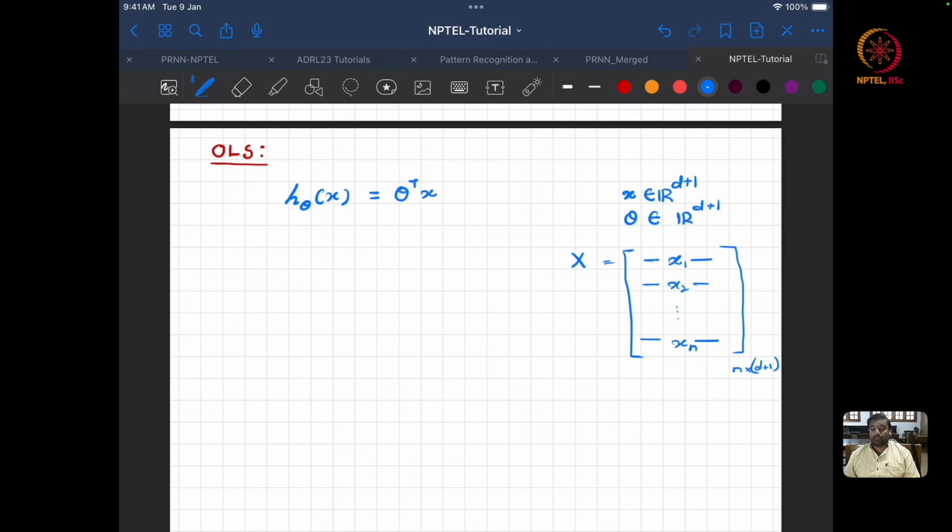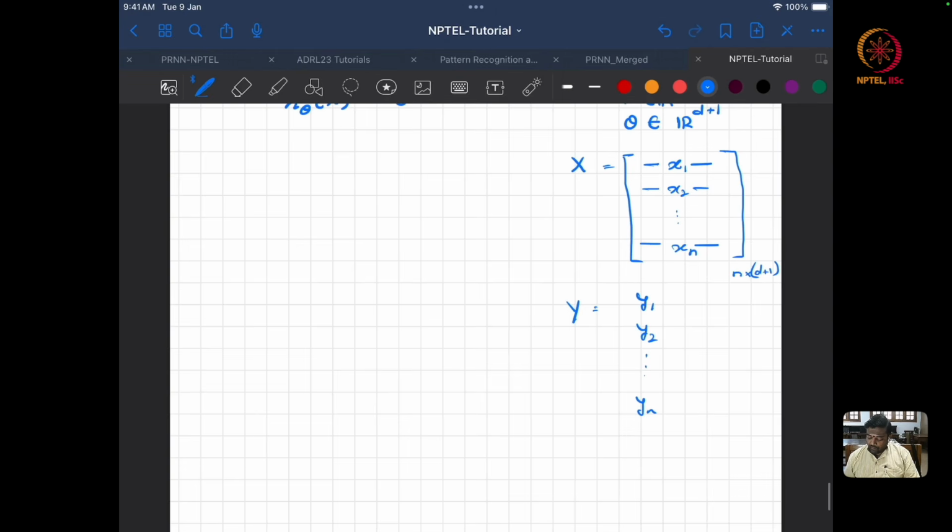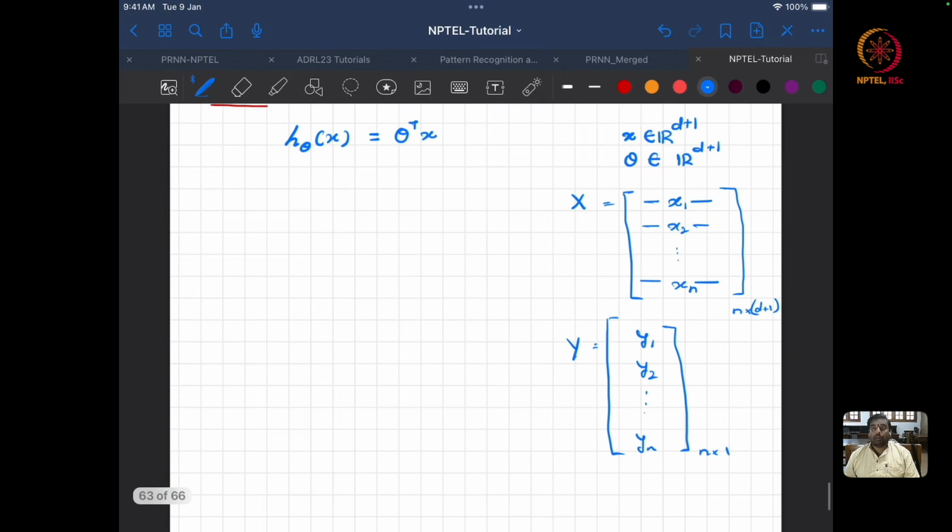So my x matrix is n cross d plus 1, and the y that I have is y1, y2, and so on till yn, which is n cross 1. I am assuming that the output is a scalar.